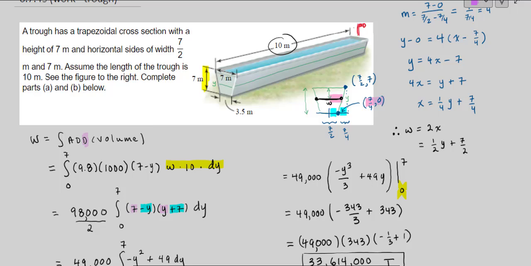Let's just suppose that this was 2 meters tall. So instead of pumping it right out the top, we're going to pump it out this pipe that extends 2 meters above the trough.